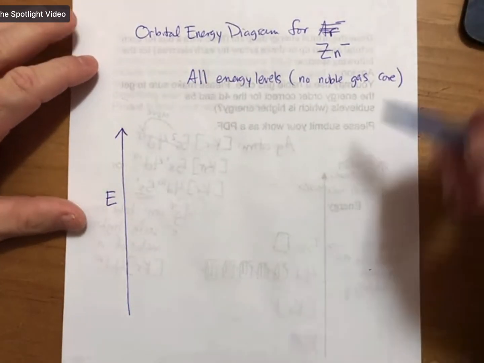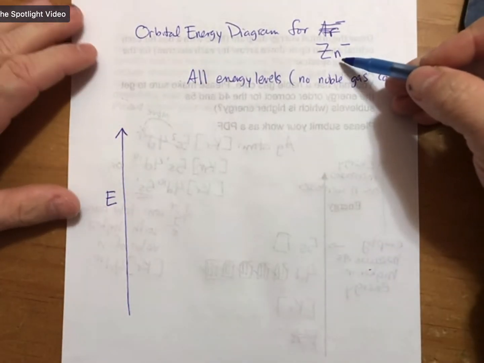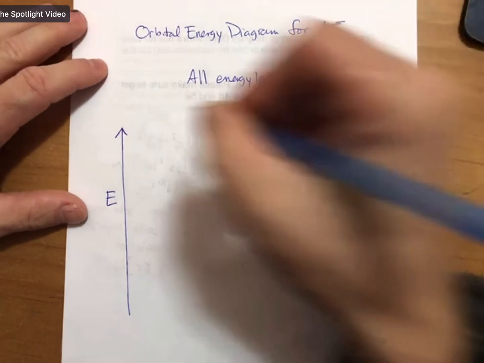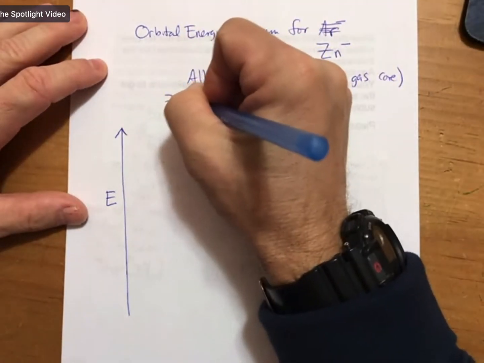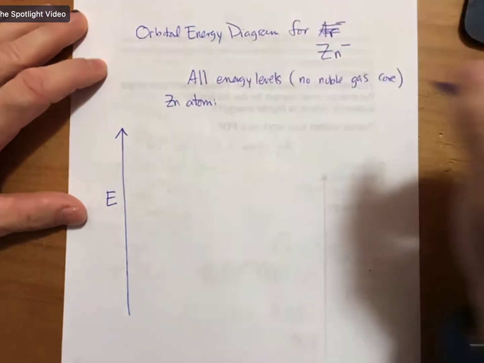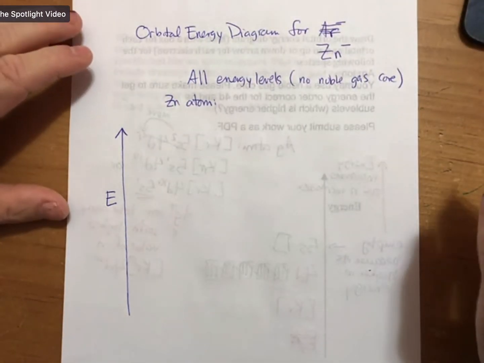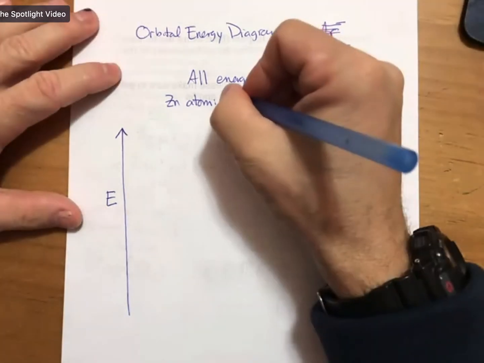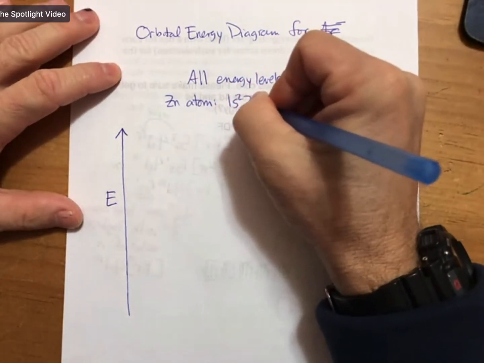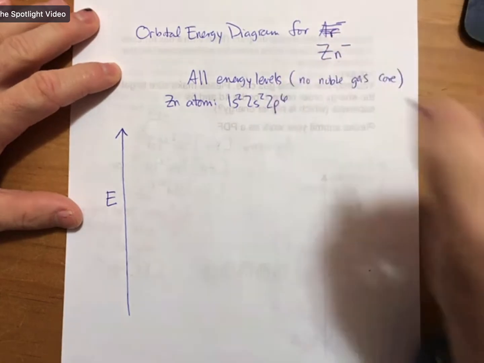We'll start by doing the electron configuration for zinc atom. And again, you don't have to do it this way. This is just sort of my way of doing it. It goes 1s2, 2s2, 2p6.